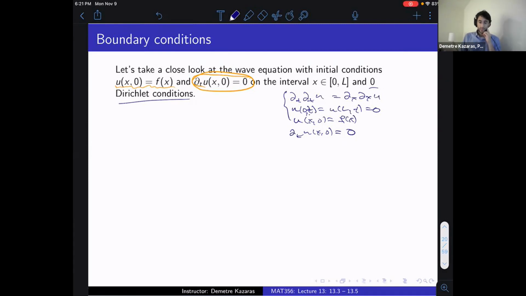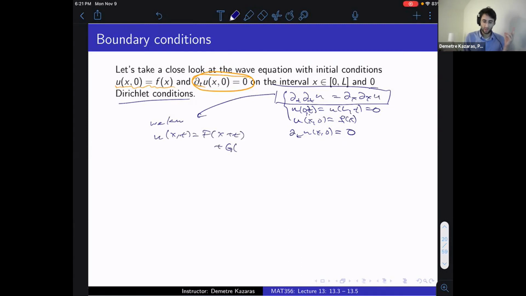Okay, so right off the bat, we know that u is going to look like some function of x plus t plus another function of one variable where you plug in x minus t. Okay, that's the solution to the equation.